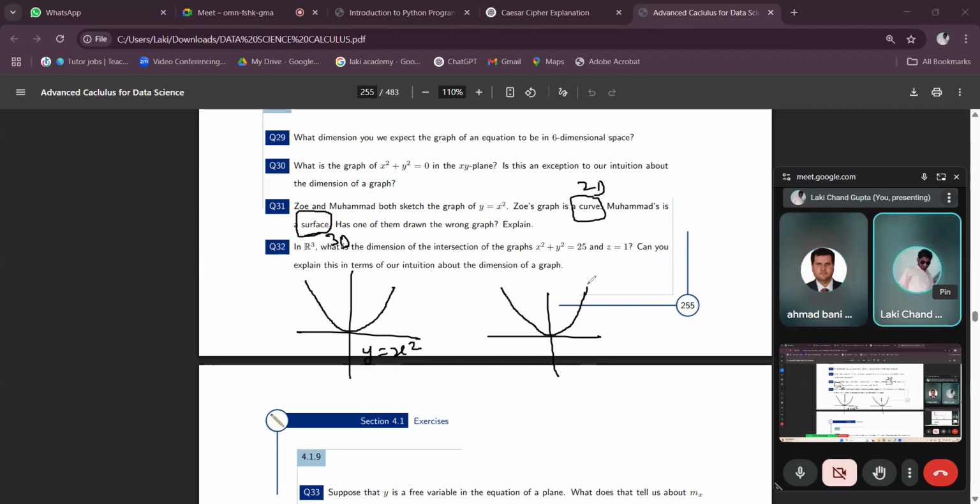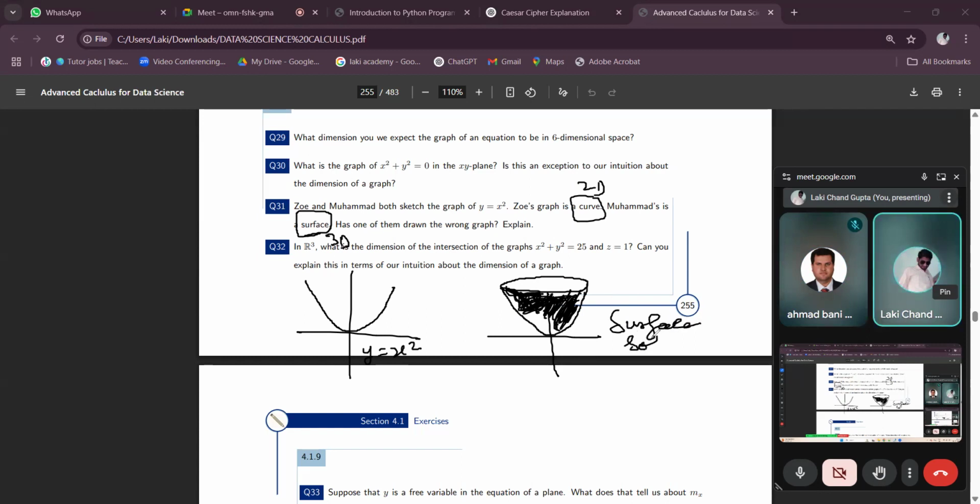And how is 3D shown? It is a solid parabola. So this is a surface.